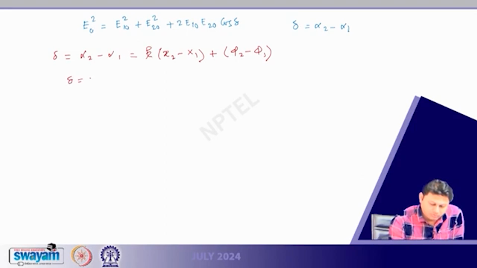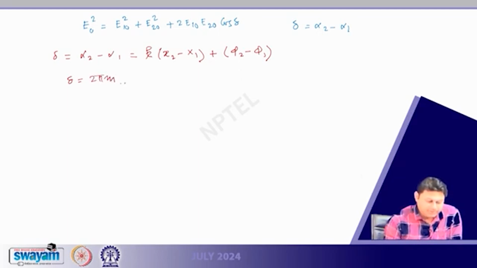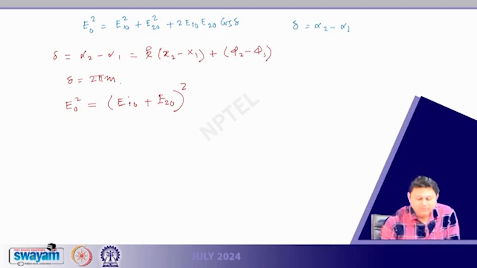is 2 pi times m, then I get E0 square as the value E10 plus E20, whole square. That is the value one can have when the relative phase is simply 2 pi m.